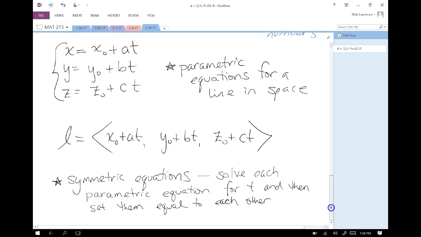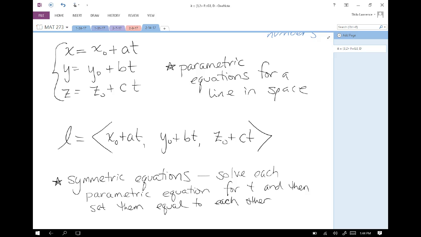So symmetric equations for that exact same line with our arbitrary variables. If I solve that x equation for t, what is it going to look like? We've got x equals x sub 0 plus at.